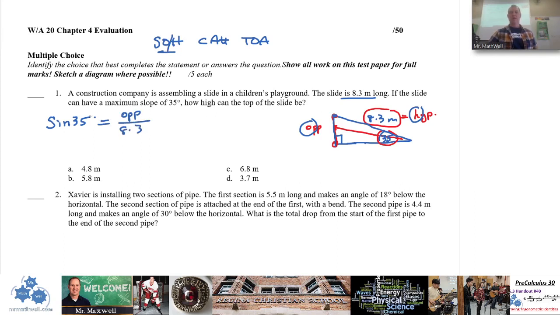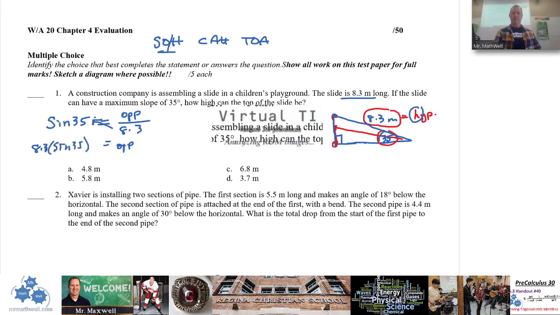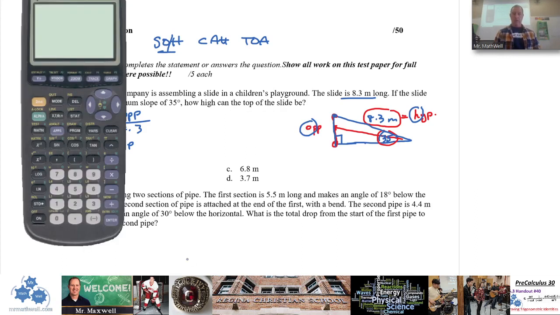Now it seems pretty easy to know what to do. We want to get opposite side here by itself, so we multiply both sides by 8.3. So the opposite side is 8.3 times sine of 35, right? So let's just do that on the calculator here. 8.3 times sine of 35.